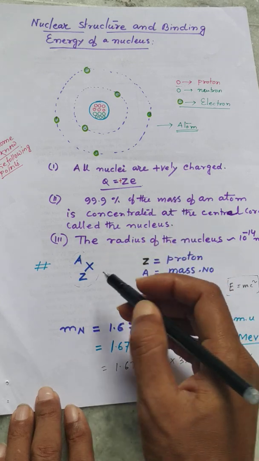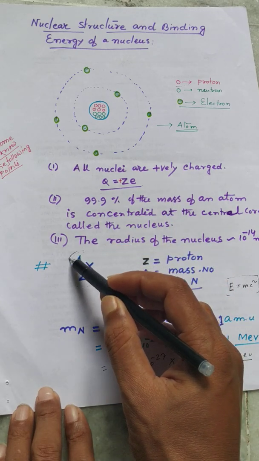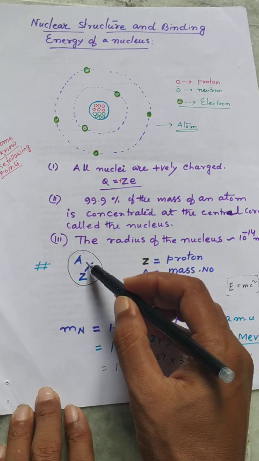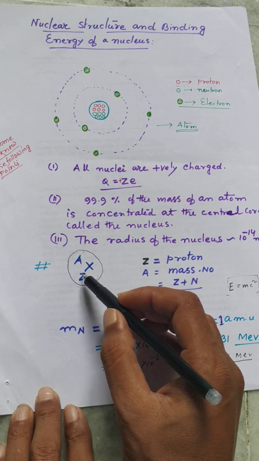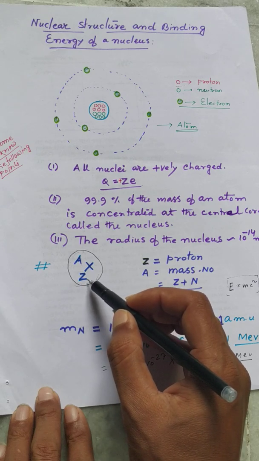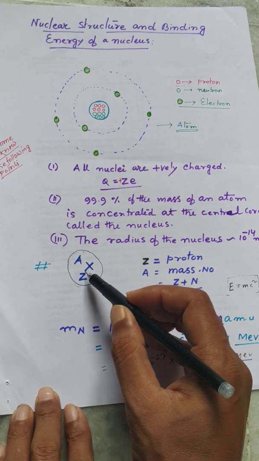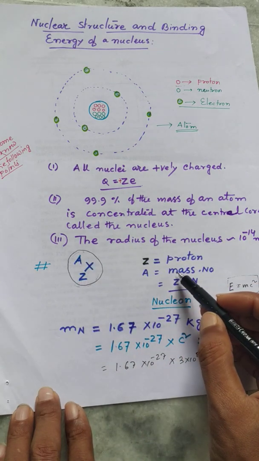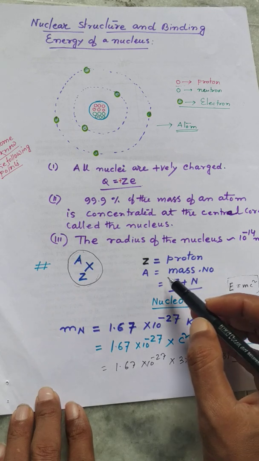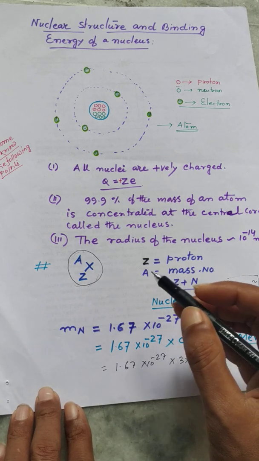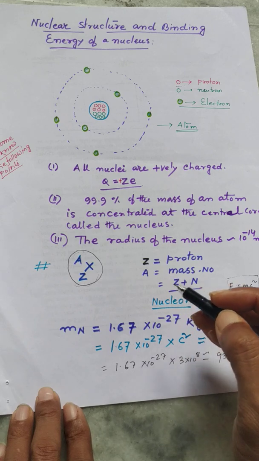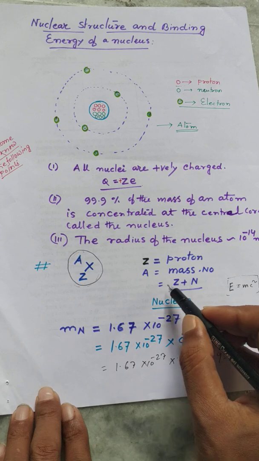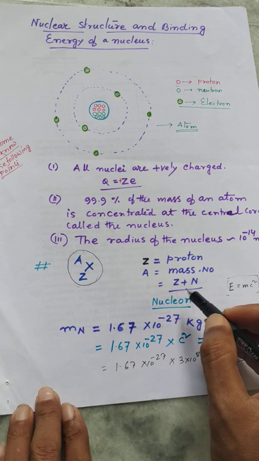A nucleus is represented like this, where Z denotes the number of protons and A the mass number. Mass number means the number of protons plus the number of neutrons. What are these?